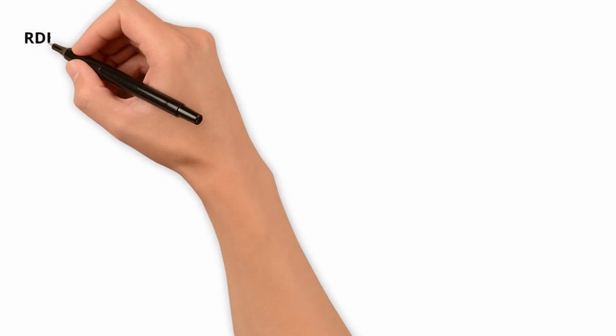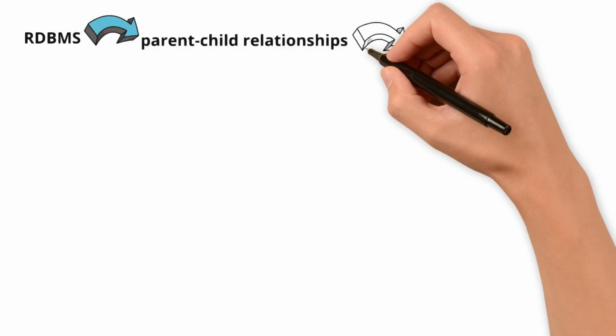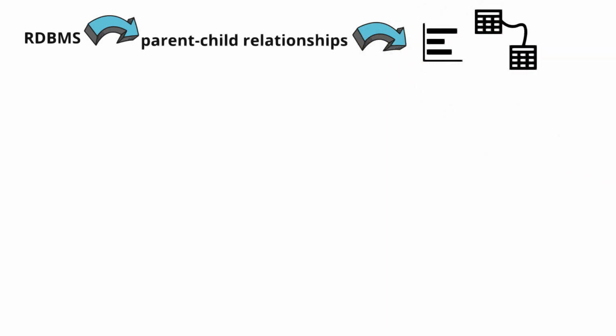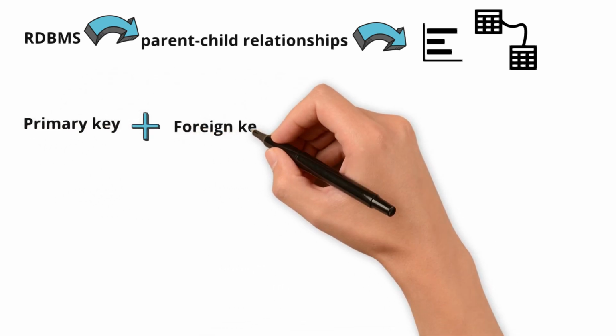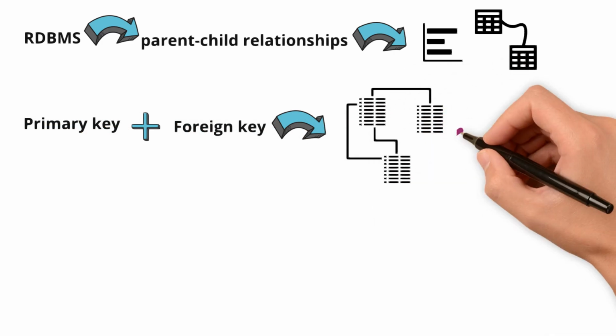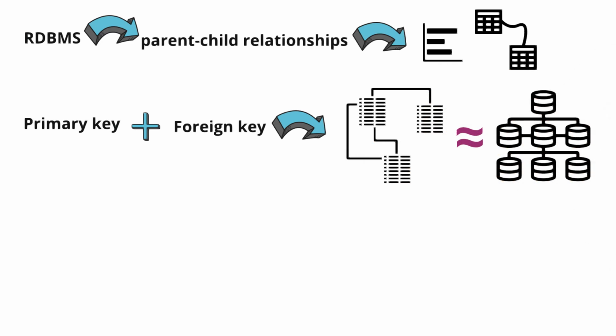Thus, a relational DBMS can represent parent child relationships, but these relationships are visible only through the data values contained in the database tables. Together, a primary key and a foreign key create a parent child relationship between the tables that contain them, similar to the parent child relationship in a hierarchical database.